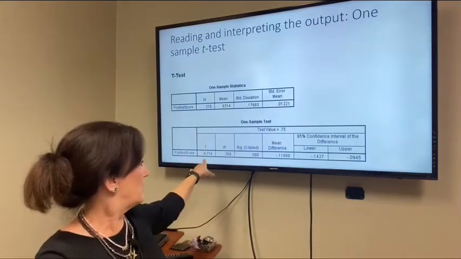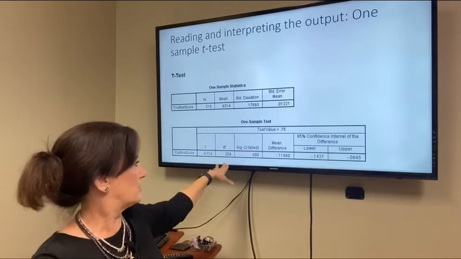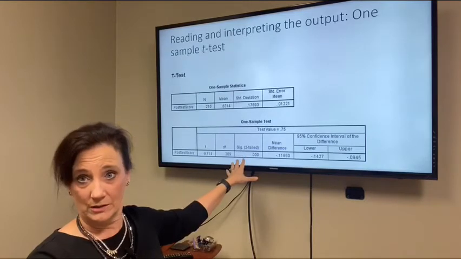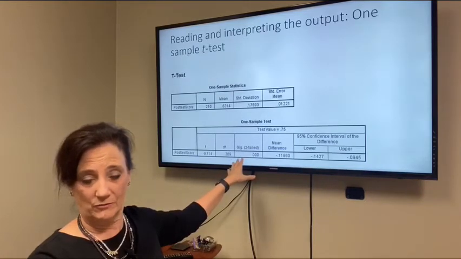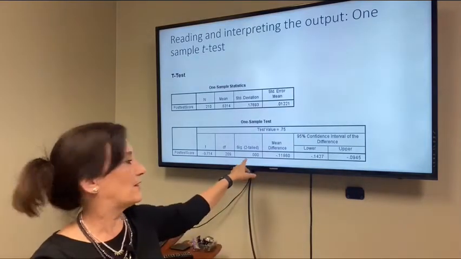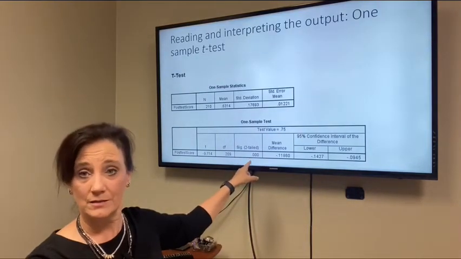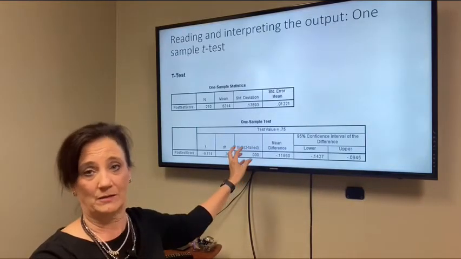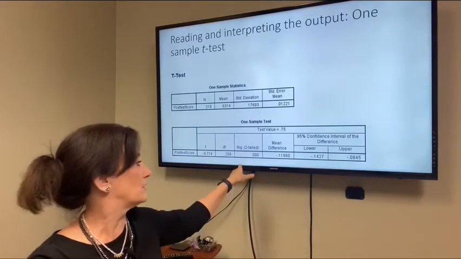We've got our t-value, negative 9.71, our degrees of freedom, 209. And the answer to that question, is there a statistically significant difference between our post-test group and the national mean of 0.75, would be yes. There is a statistically significant difference. In fact, it's highly significant. P is less than 0.001.